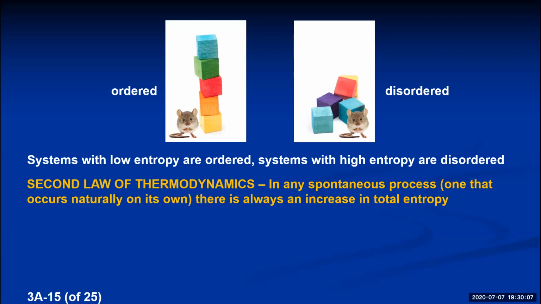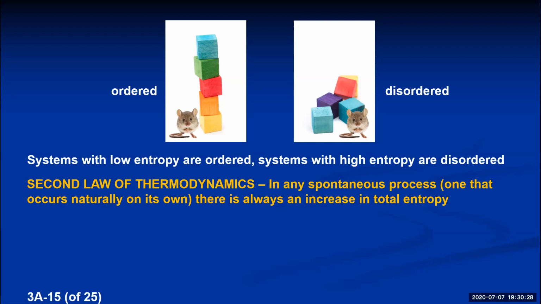And this led to what we now call the second law of thermodynamics. And that is, in any spontaneous process, which means one that occurs naturally on its own, there is always an increase in total entropy. So if the entropy is going to increase naturally for a spontaneous process, what does it mean if the entropy is increasing?